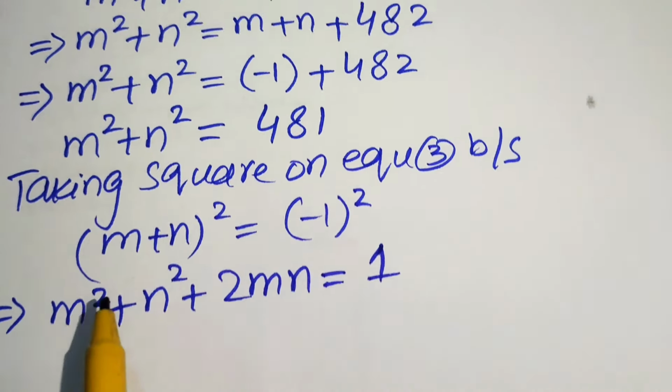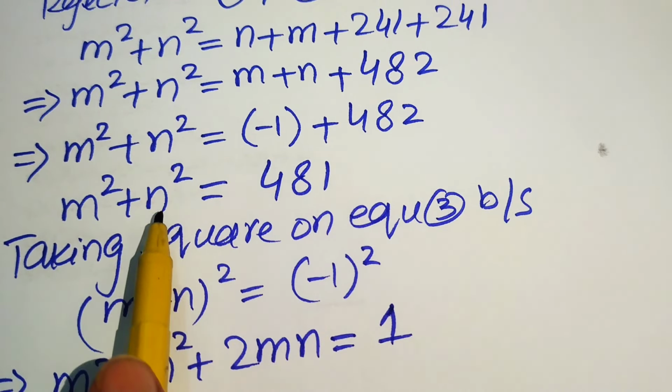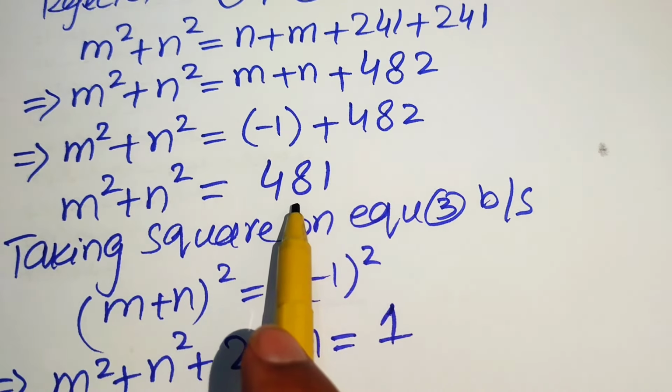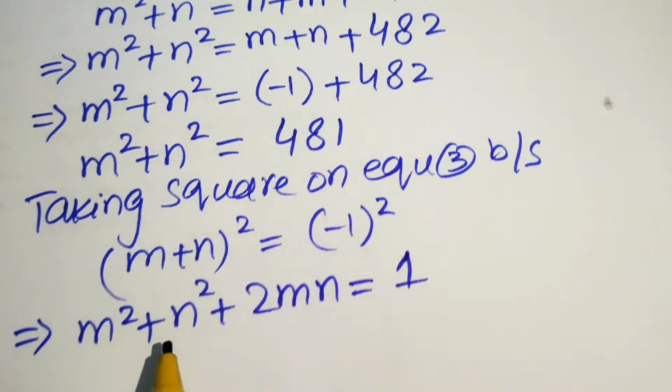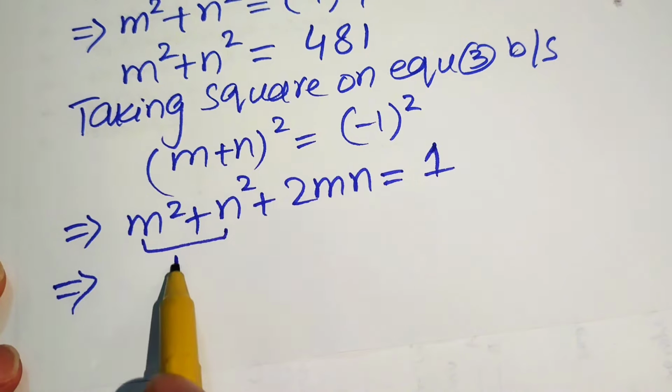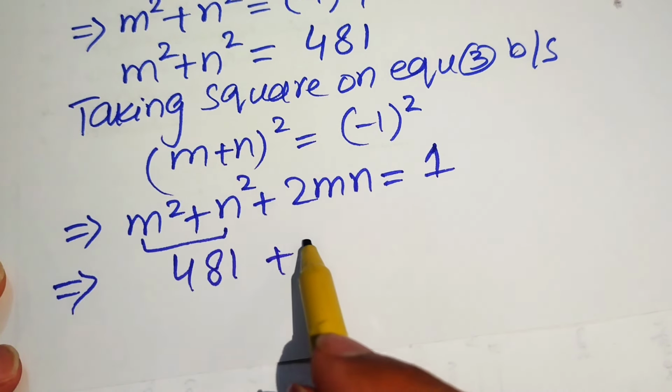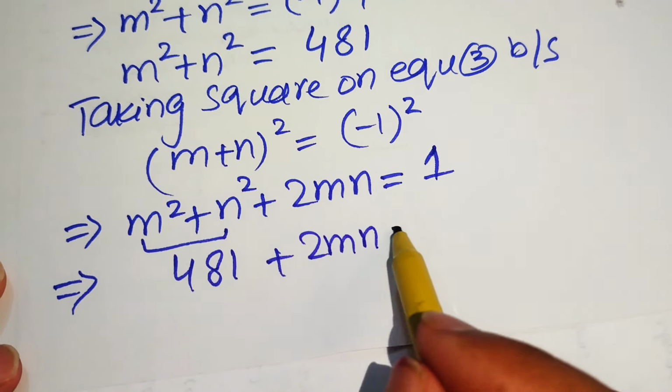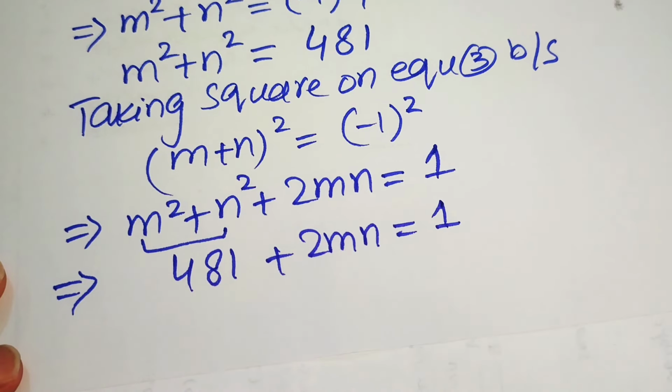In the next step, we have the value of m square plus n square as 481, and we use this value here. We put it in and get 481 plus 2 times mn equals 1.